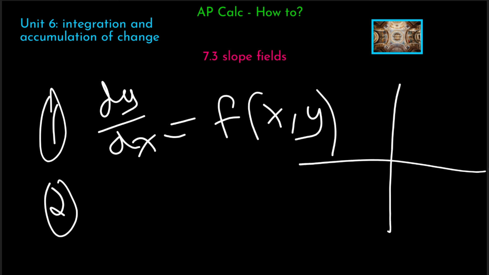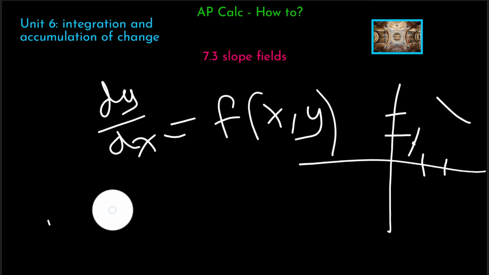For each point, plug in the coordinate to f of x comma y and draw a small segment with corresponding slopes like this. And 1, 1 might be 1, 2, 2, it'll be maybe like negative. Let's do a real world example.